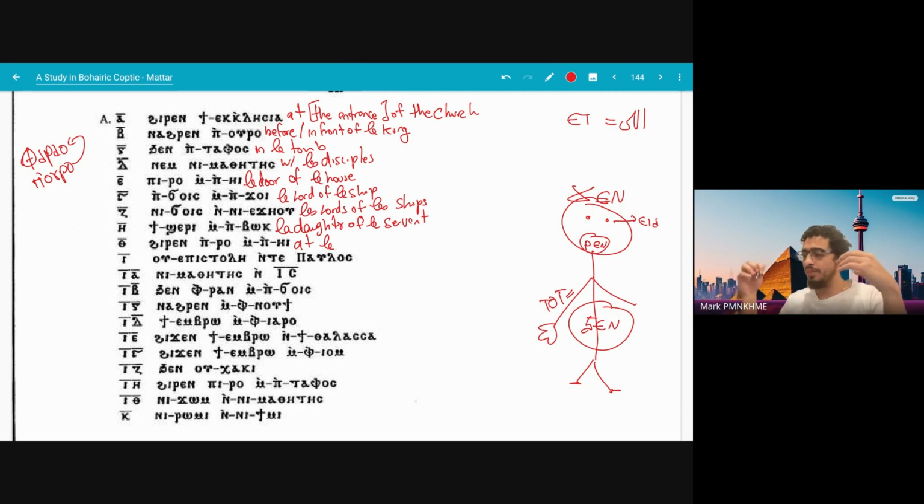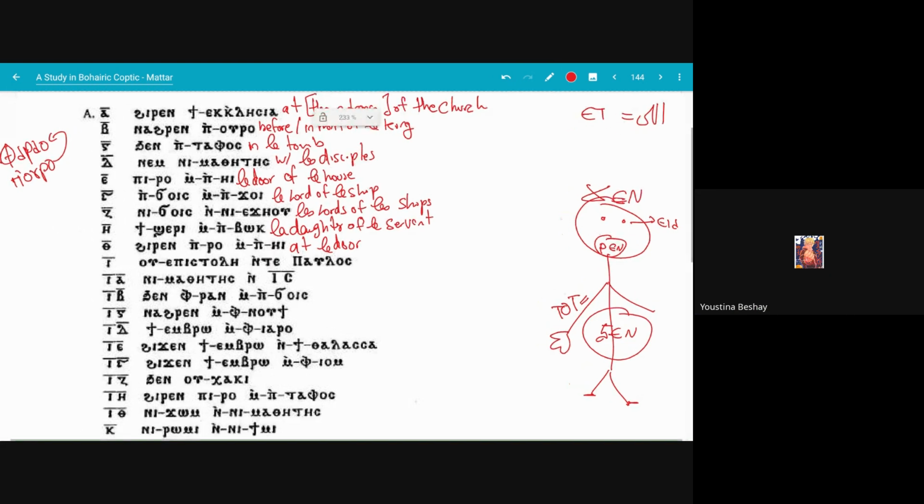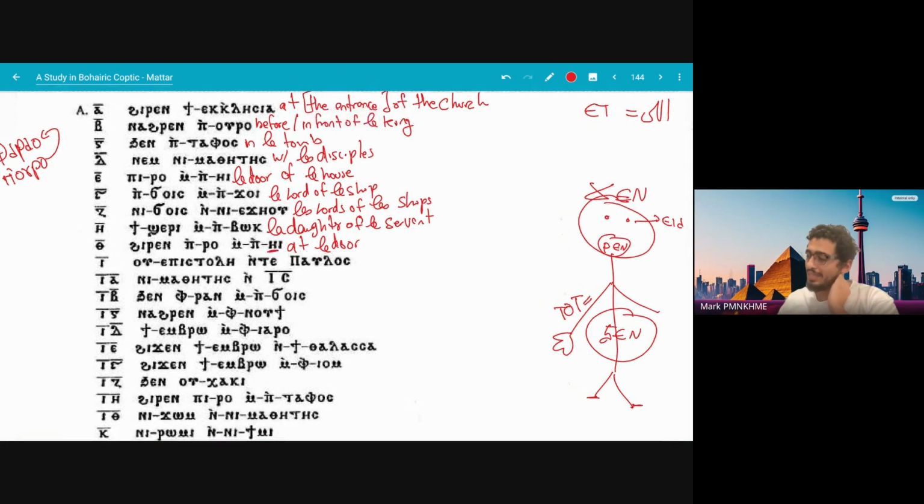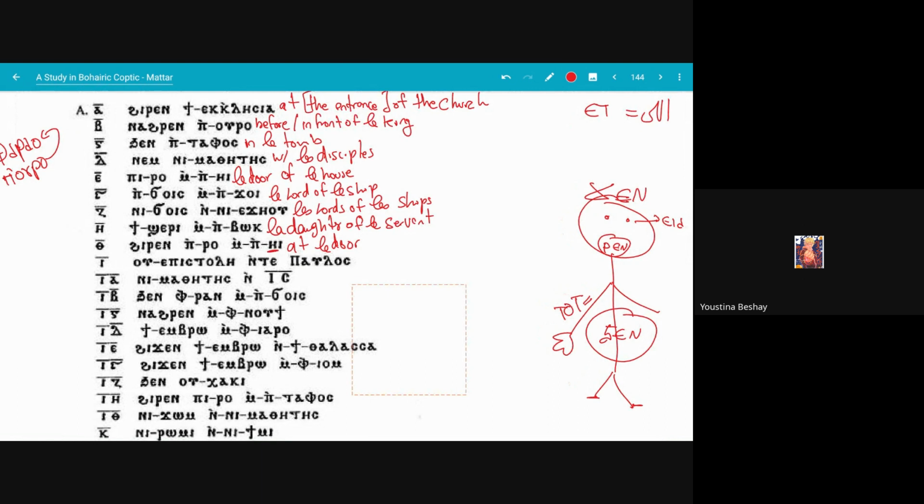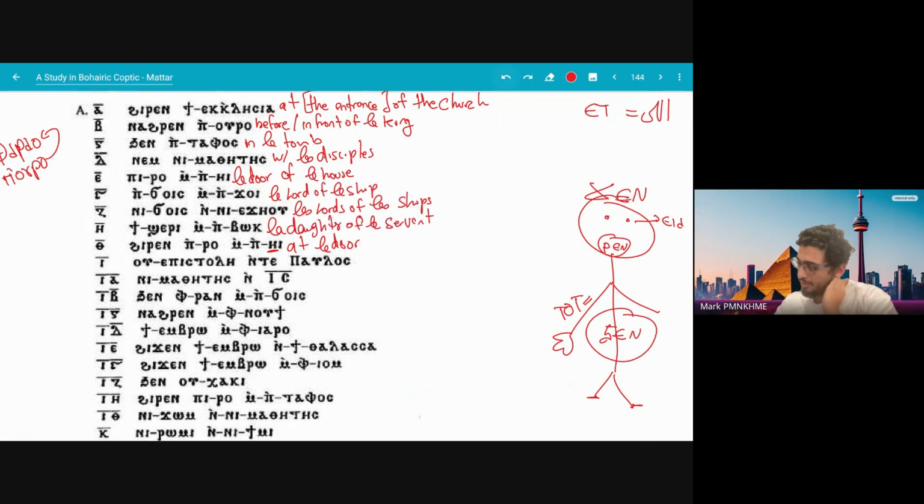But in this case, they're very specific: at the door of what? E means house.